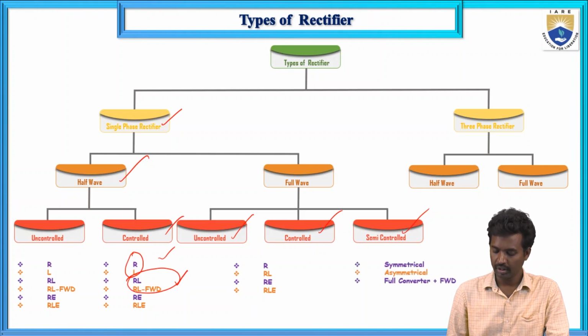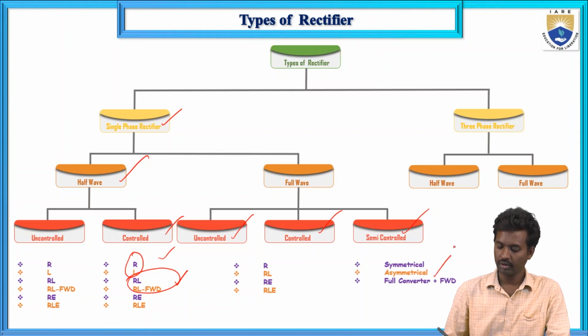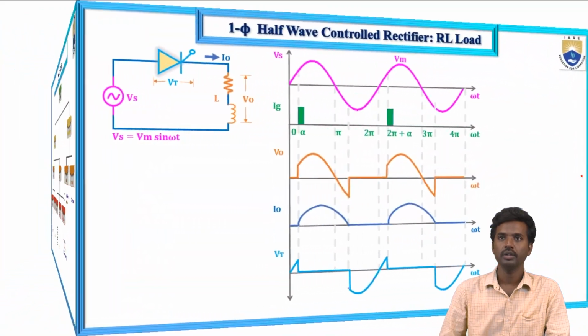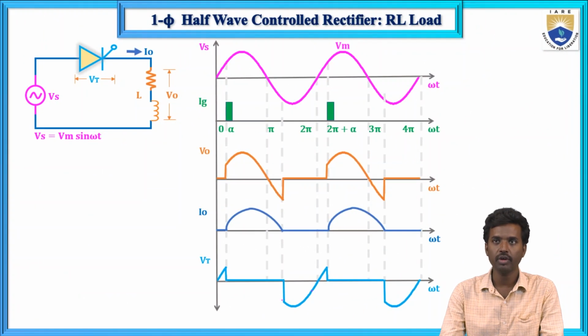Next, symmetrical, asymmetrical and full converter with freewheeling diode. This is for symmetrical. In the three phase half wave, uncontrolled and controlled. Now first, single phase half wave controlled rectifier with RL load.